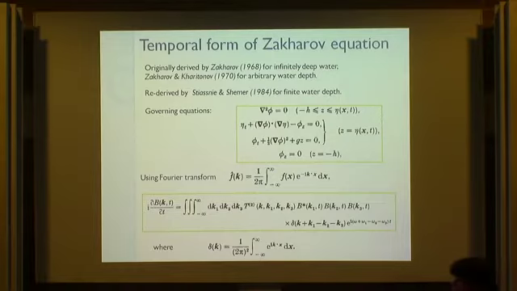Using Fourier transform with some cumbersome computations, they obtain the form of the Zakharov equation, which is, I hope, well known here, where B is the complex amplitude of the waves, k are wave numbers, and T is the interaction quartet coefficient. And delta is the Dirac delta.